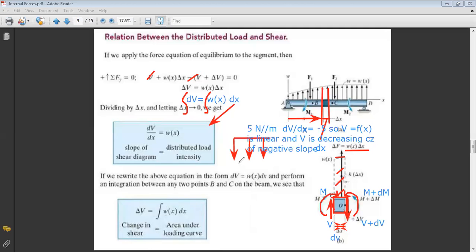So if, for example, I start from 0 to 2 meters, I can say that the variation of shear between 0 and 2 is equal to the area of this part, okay? If I give you the initial shear, let's say the initial shear is 0, then you can say that V, the shear at 2, is equal to this area: 2 times 5 equals 10. We will do a lot of examples on this, don't worry.